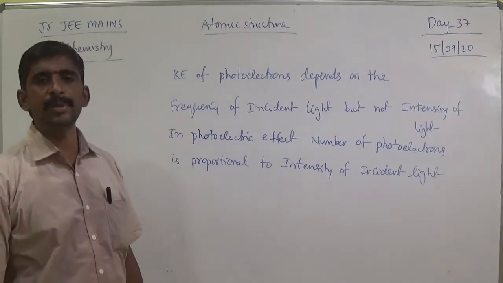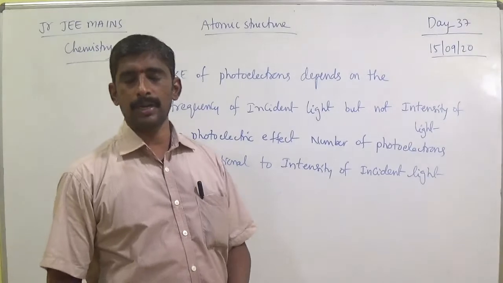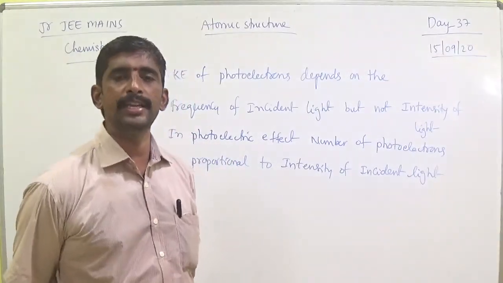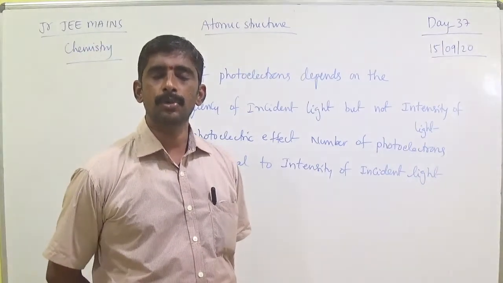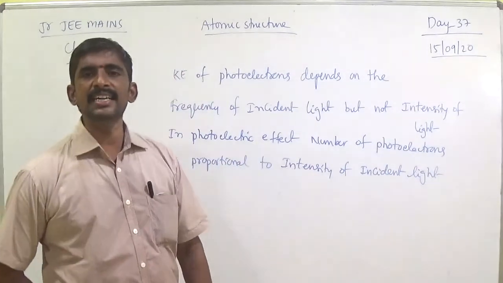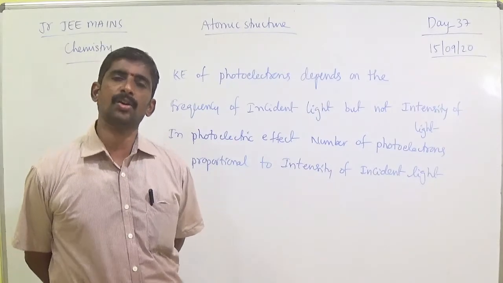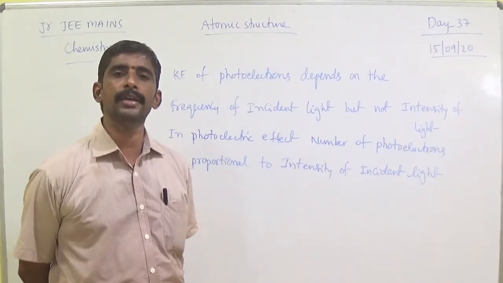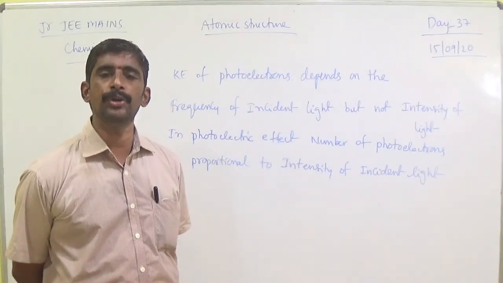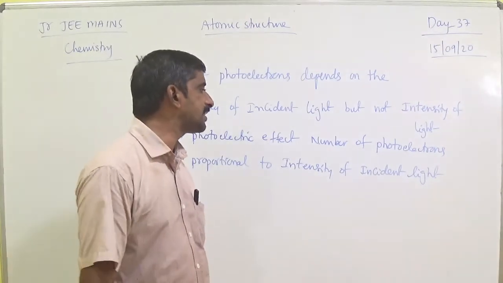Generally, intensity of incident light means the number of photons falling on one unit area in unit time.